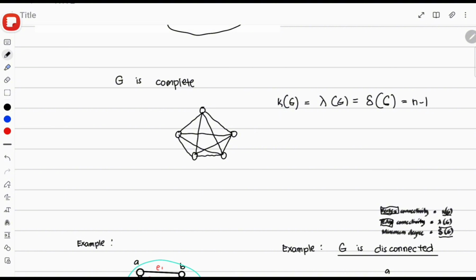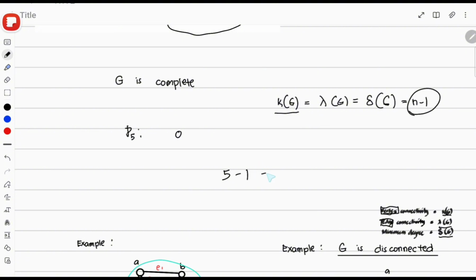Because removing just one edge will not disconnect the graph. It is still connected here, this one and this one. Thus, our kappa of G is equal to n minus 1, where n is the number of vertices. We have 5 because this is K5, so 5 minus 1 is equal to 4. Thus, we remove 4 vertices.